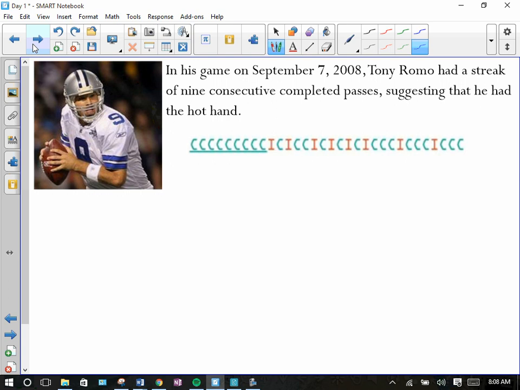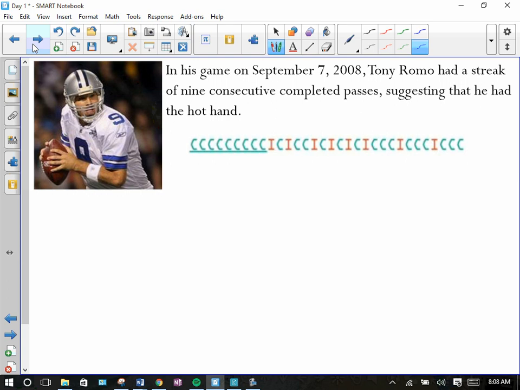So, in case you don't know, Tony Romo is a quarterback. He plays for the Dallas Cowboys, by the way. I didn't put that up there because I just assumed most people know that. But in his game on September 7th, 2008, Tony Romo had a streak of 9 consecutive completed passes, suggesting that he had the hot hand.